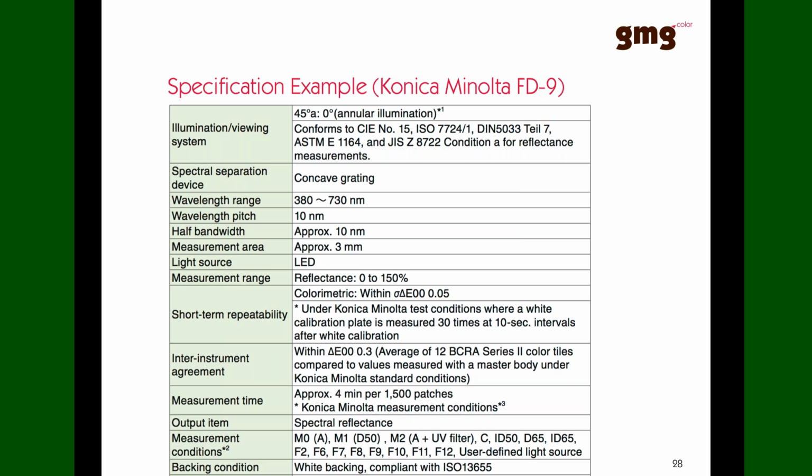So this measuring device can use M0, M1, M2, which we talked about earlier, but it can also measure in a lot of other different lighting conditions, even user-defined lighting conditions, because it uses the LED technology, and with the LED technology you have multiple LEDs, sometimes 7 or something like that, inside your head, and by using a different driver to drive the LEDs differently, you really can get a huge range of lighting conditions inside your measurement device.